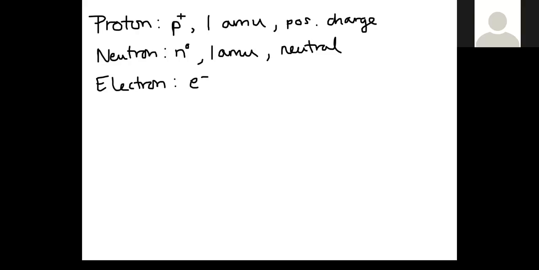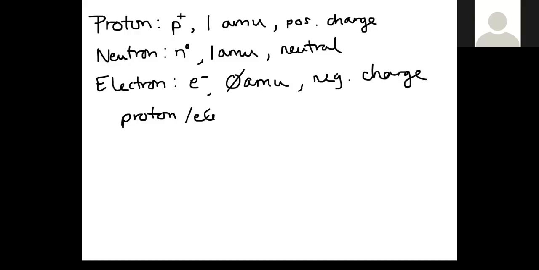But if it's on the outside, if it's orbiting around, it is easier to exchange with other elements. Oh, sorry, that's 0 AMU. And that's a negative charge. It is very important to understand that the proton charge and the electron charge are equal but opposite, okay? So that means proton and electron charges cancel each other out.